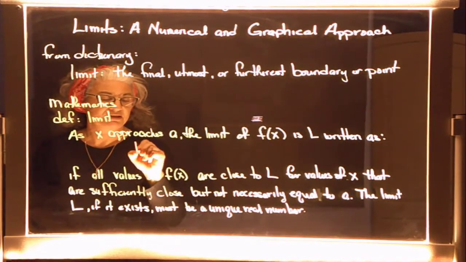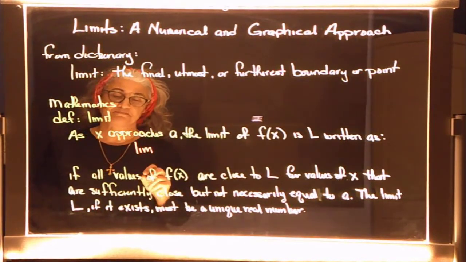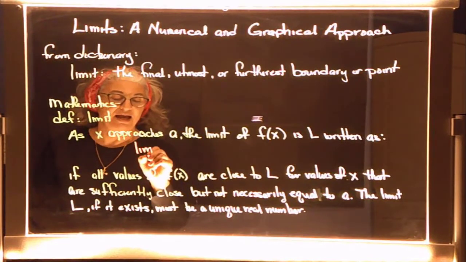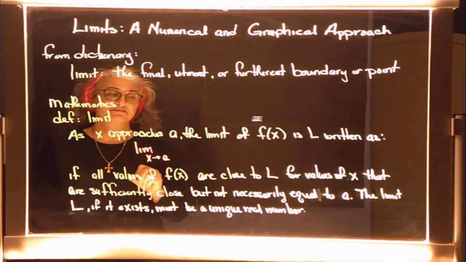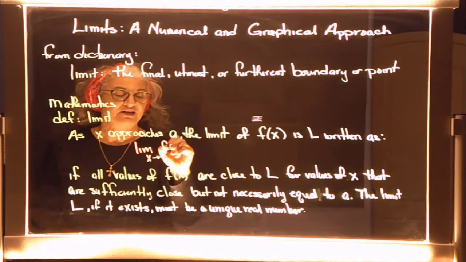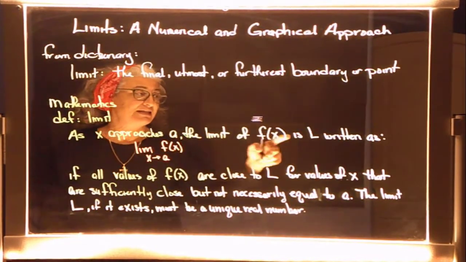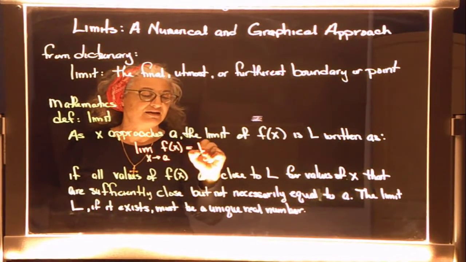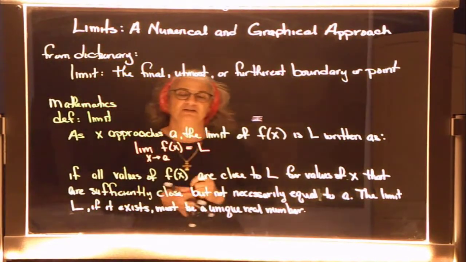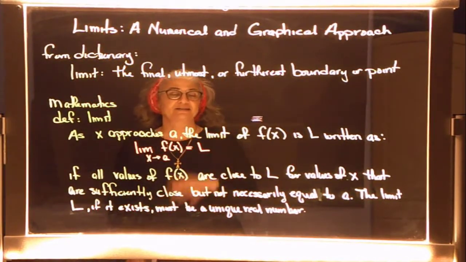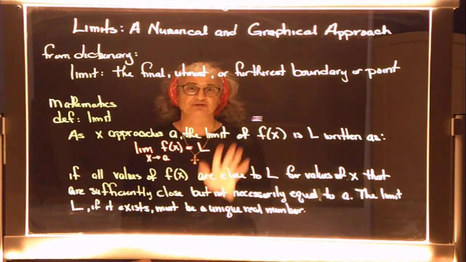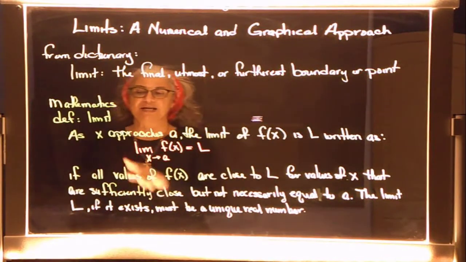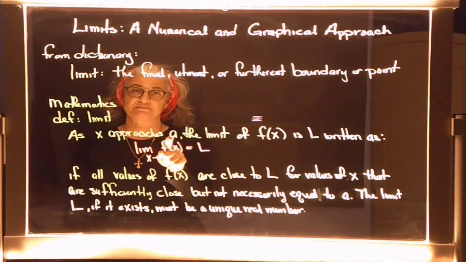It would be the limit as x approaches a of f of x, some function, is L. You're like, okay, what the heck? I get it. But let me go back a second, and I haven't even read down here yet, so just hang in there. X approaches A.